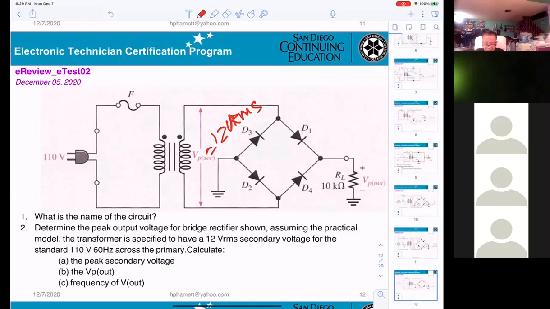Take 12 divided by 0.707. But I'm talking about the frequency though. Frequency, they double. So in other words, the frequency instead of 60 is 120. Exactly. Okay, that's what I said, double.